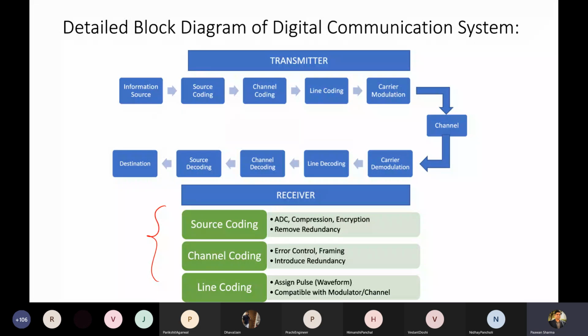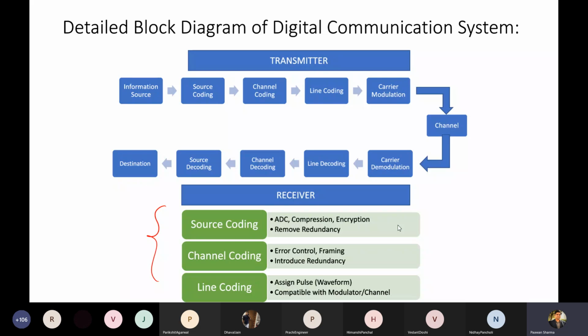Less weightage to the amount of variation in the higher level input signal values in comparison to lower level input signal values. So we have seen that. So when you are having this ADC, encryption, compression, redundancy removal, you're collectively calling it as source coding, because the source information you are transforming.